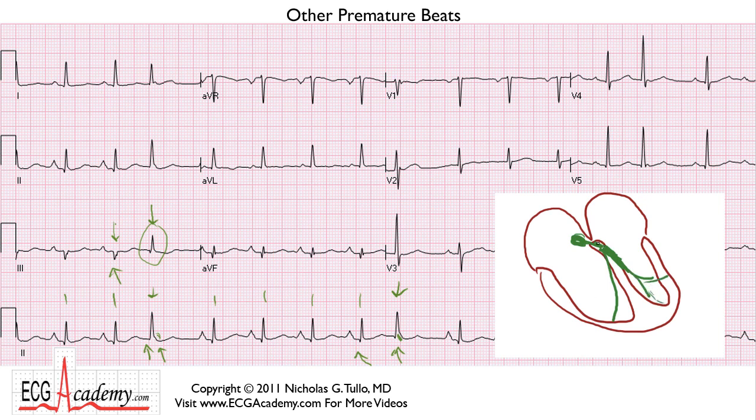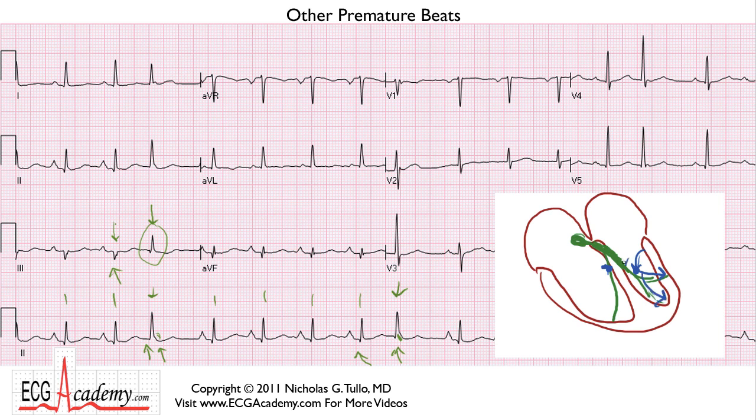Okay, now where did the beat come from? It had to arise somewhere down in the bundle branch system. Maybe the right bundle branch, maybe one of the hemifascicles. But it must have arisen from part of the conduction system. And then what happens is it follows that conduction system out to the rest of the heart.